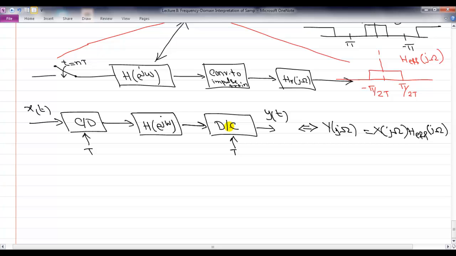And the way you do that is you digitize that system, and the only thing you have to then worry about, assuming that your reconstruction filter is ideal and your input was band limited, is how to figure out this discrete time filter properly. And we of course know the relationship in frequencies.